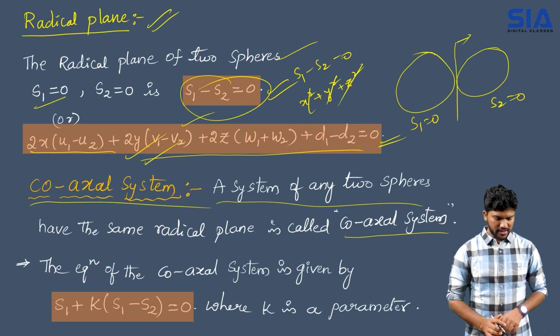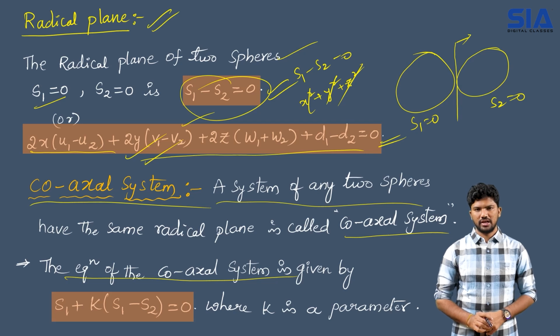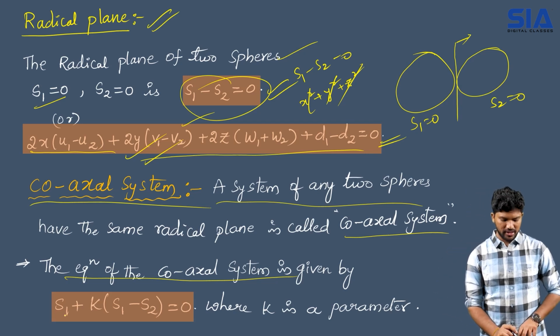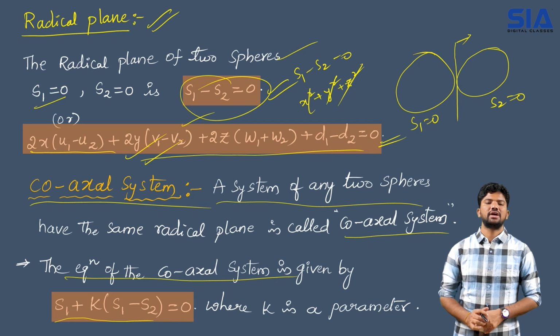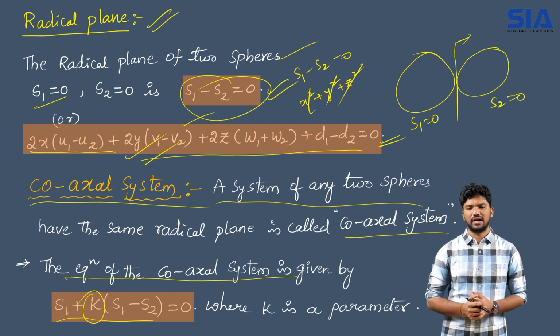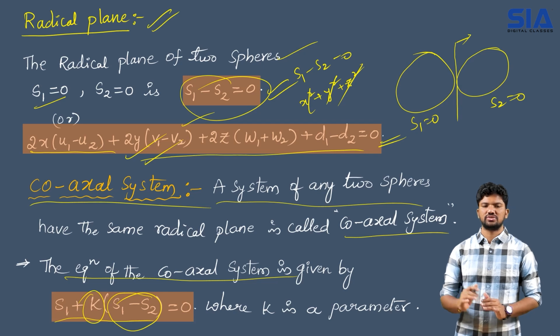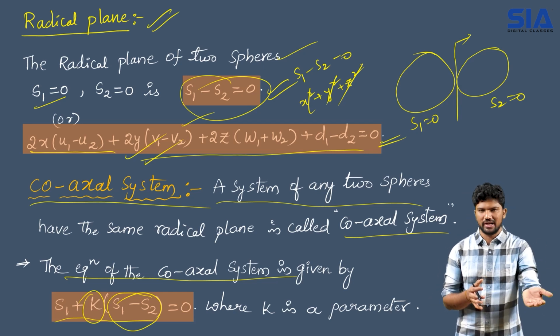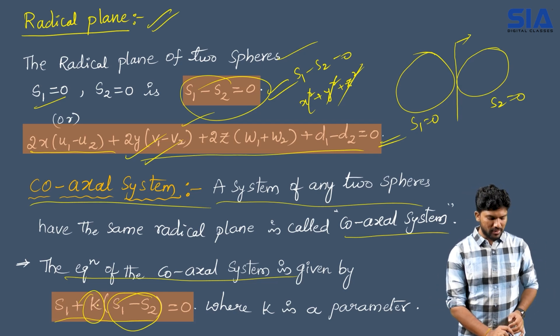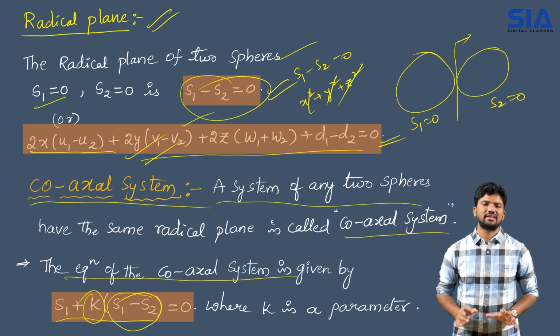The equation of the coaxial system is given by S1 plus k into (S1 minus S2) is equal to 0, where k is any parameter, any constant value. S1 minus S2 equal to 0 gives you the radical plane. If you multiply that radical plane with k and add it to the first sphere, you will get the coaxial system equation.